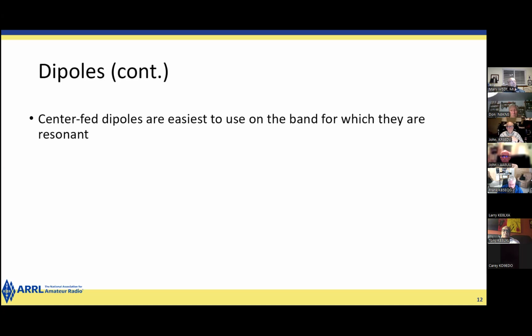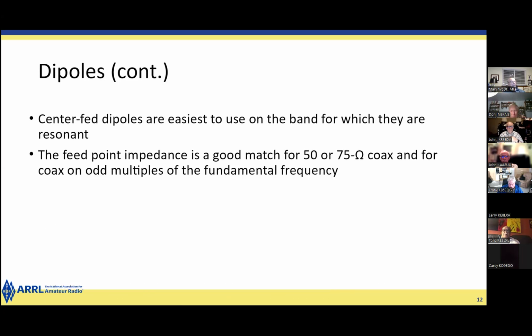They're the easiest to use on a band for which they are resonant, so they will work on other bands. The feed point impedance is a good match for 50 or 75 ohm coax, and for coax on odd multiples of the fundamental frequency. That end-fed of mine will work on 80 with a tuner.